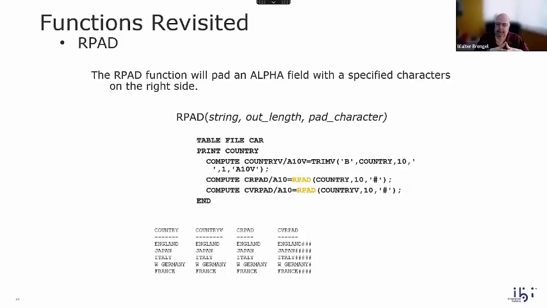We do see them in CVRPAD. So the difference is, as we mentioned before, country is an A10. A10 has the trailing spaces. So when I try to pad out to 10 characters, there's really no padding because the 10 characters are already accounted for. So that's why CRPAD doesn't have any pound signs, where CVRPAD does, because we trimmed out the trailing spaces and put it in an AnV.